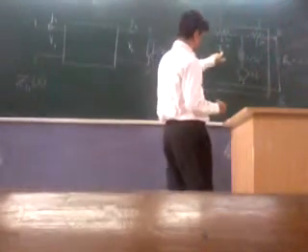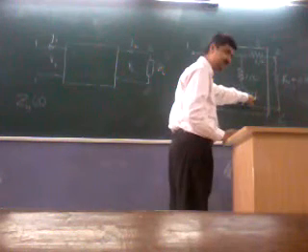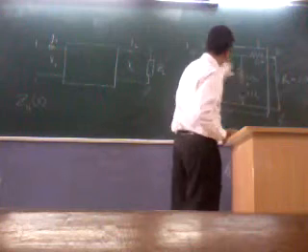For this network, there is no need to specify I1 also, because everybody knows this is I1. If it is something different, then we need to specify it in the diagram.